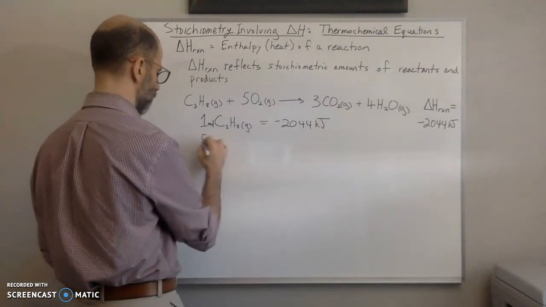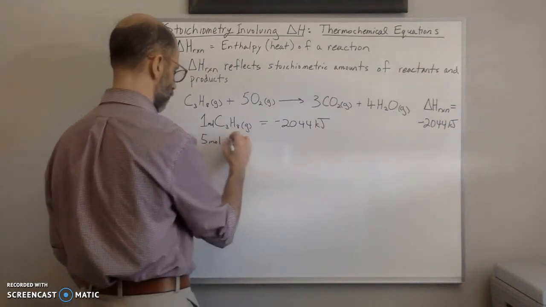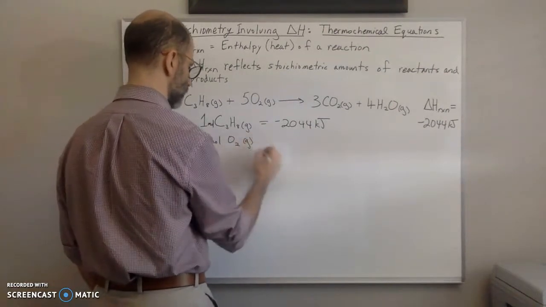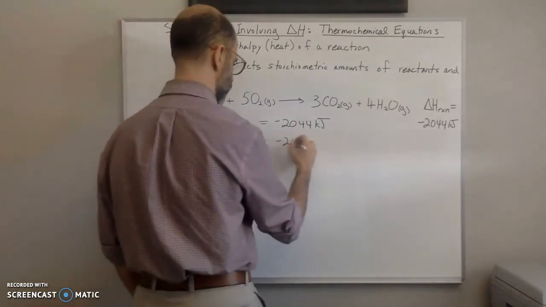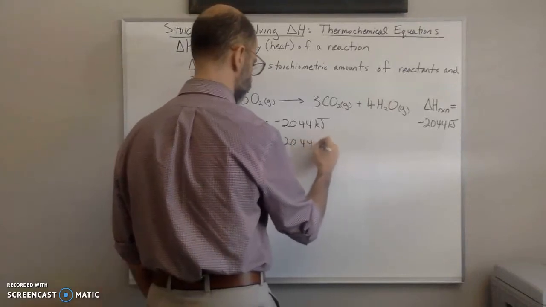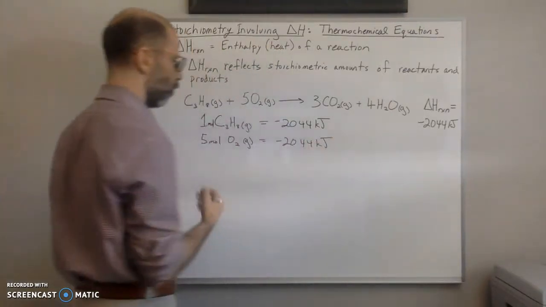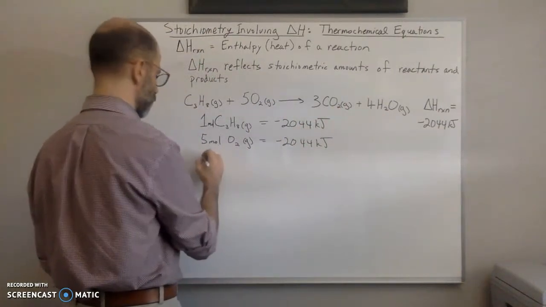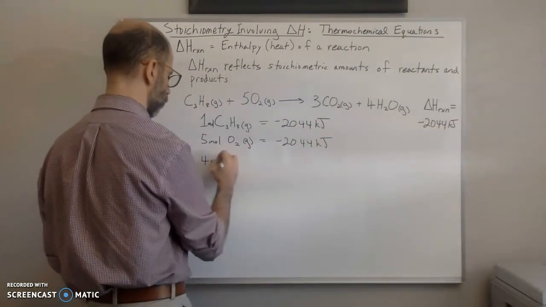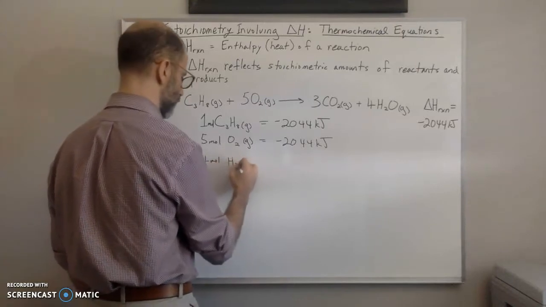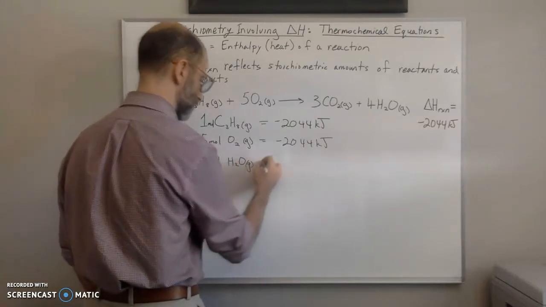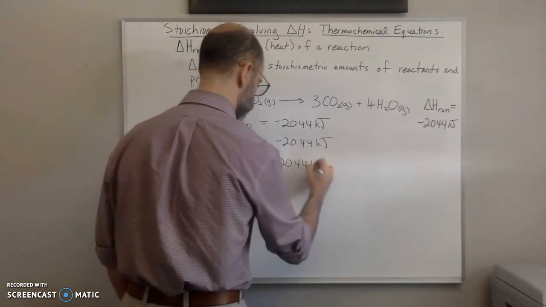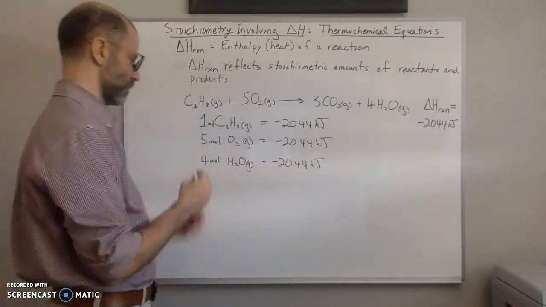Or I could write 5 moles of oxygen molecules, oxygen gas, is going to be equal to negative 2,044 kilojoules. Or I can relate it to the products. So for every 4 moles of water that's formed, that's going to equal 2,044 kilojoules of energy released.